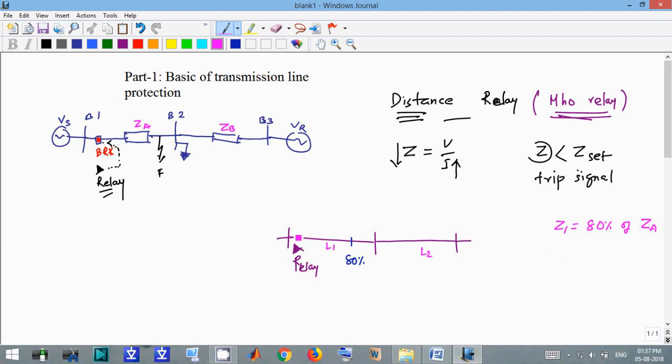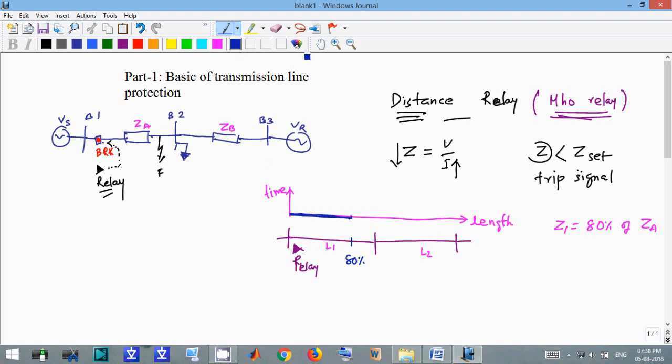If we draw a time axis, this is length, and this is time. So Z1 will give 80% protection instantaneously with no time delay.